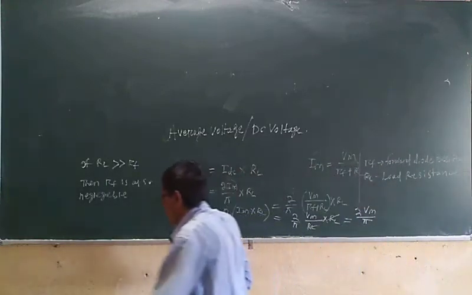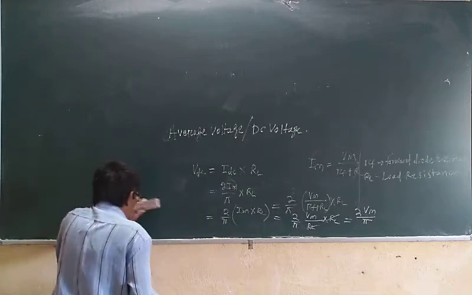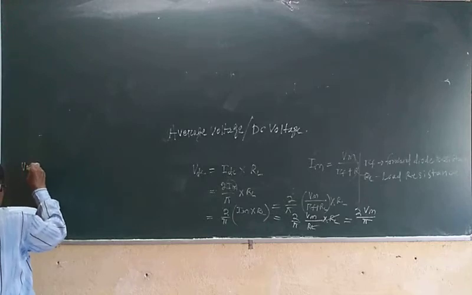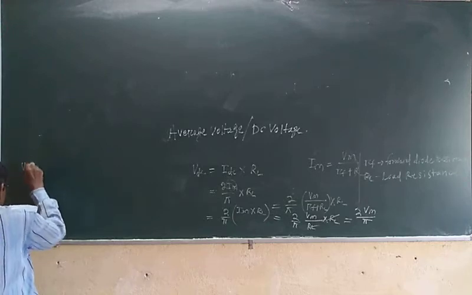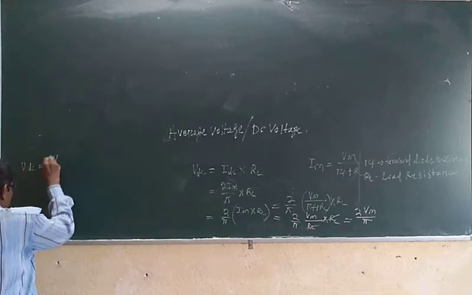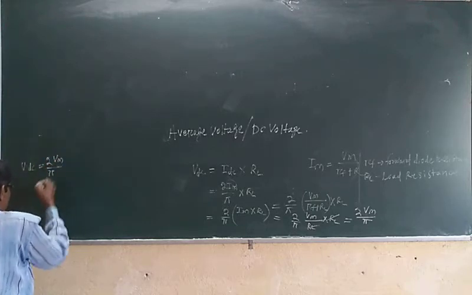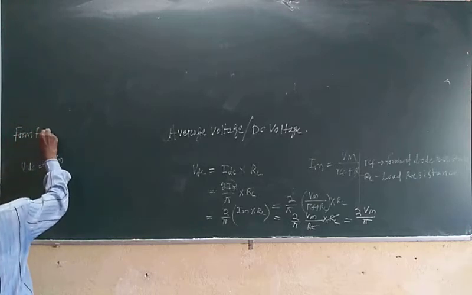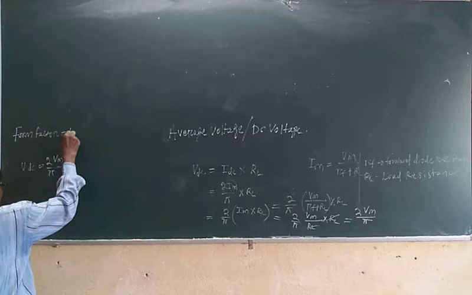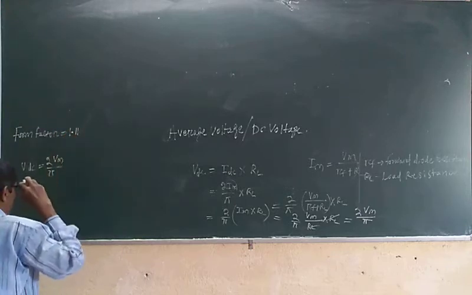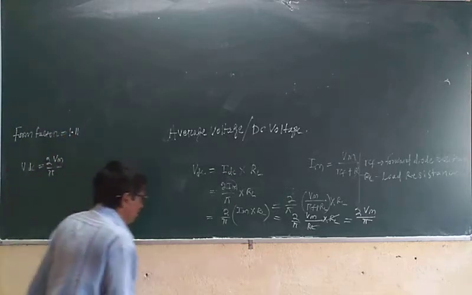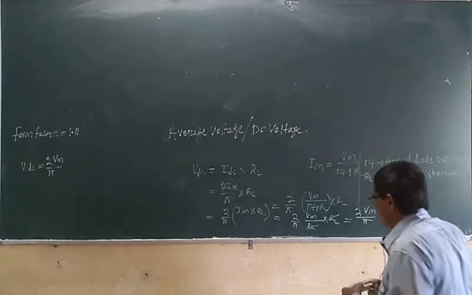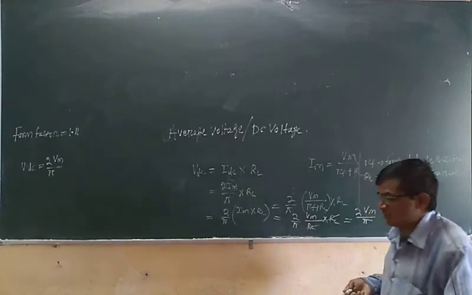Now I write this first: VDC equal to 2 Vm by pi, and form factor is equal to 1.11.